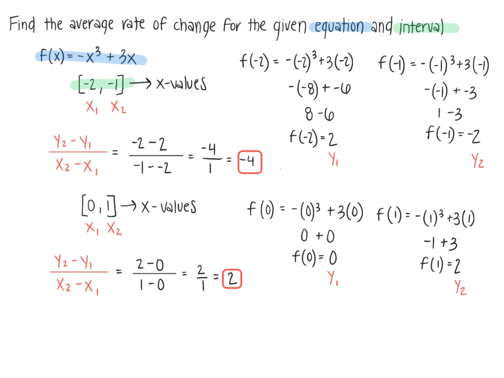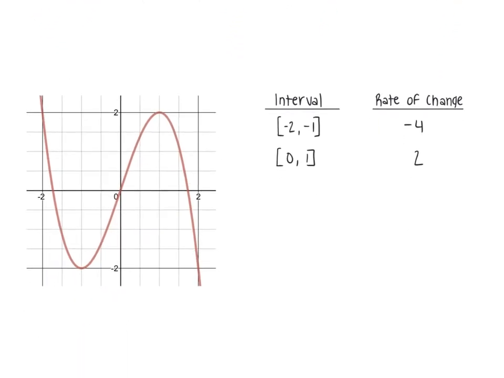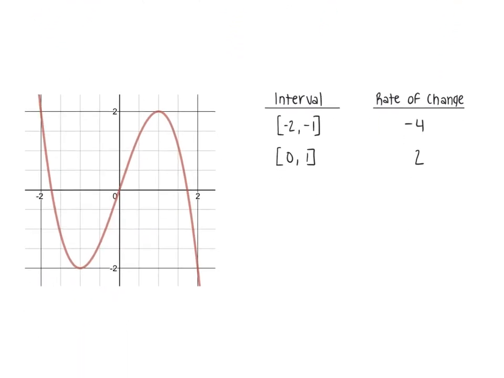Let's go ahead and take a look at the graphed equation to see if our intervals match up with how the graph actually looks. Here I have our graph for the equation f of x is equal to negative x cubed plus 3x. And again, these are the intervals that we got.